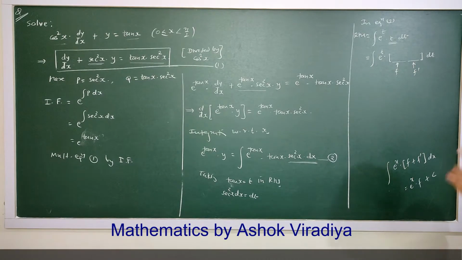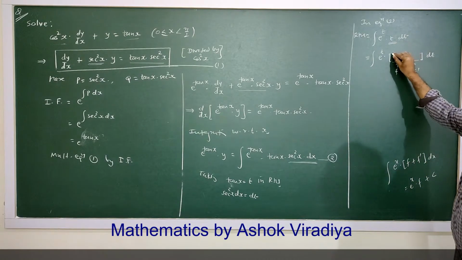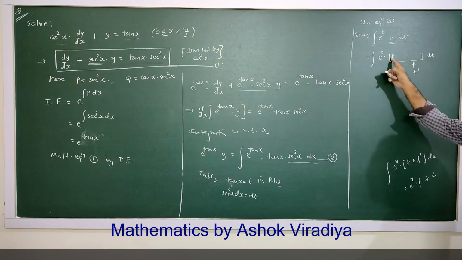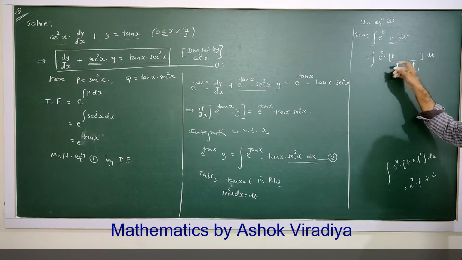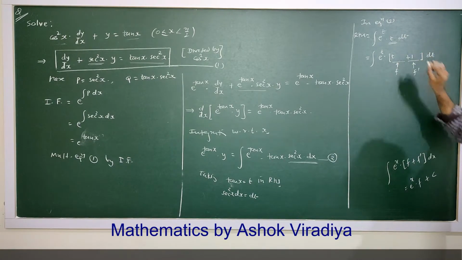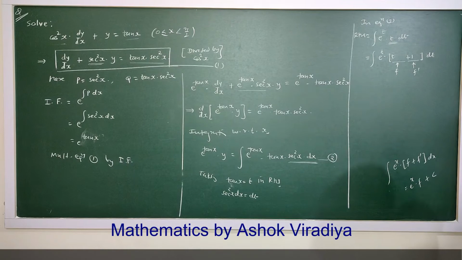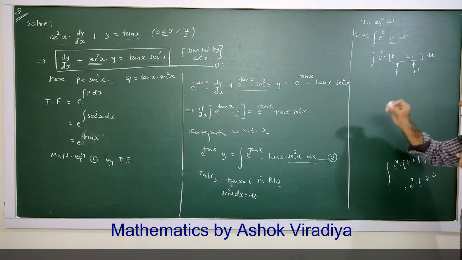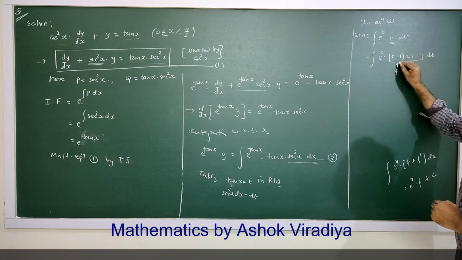First of all, whatever is given, keep as it is. We can't change the value, so t as it is. Now if t is a part of f, then its derivative should be here. The derivative of t is plus 1, but we cannot change the value. 1 is extra, so it should be subtracted. So put here minus 1 to adjust the value.